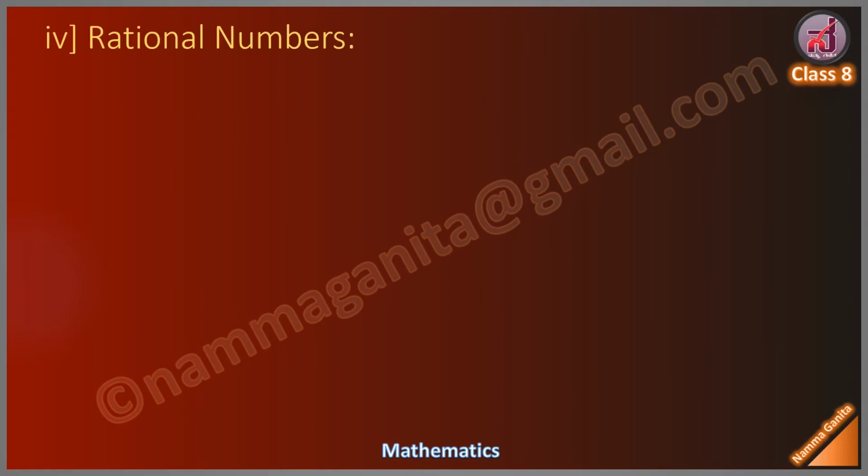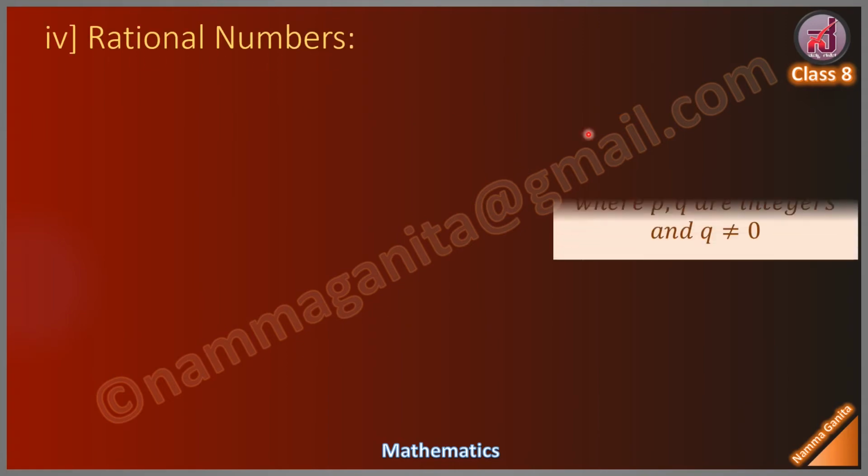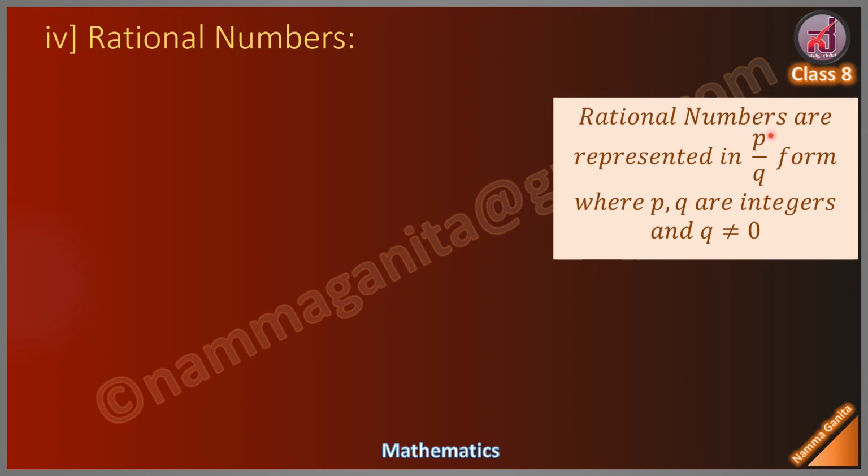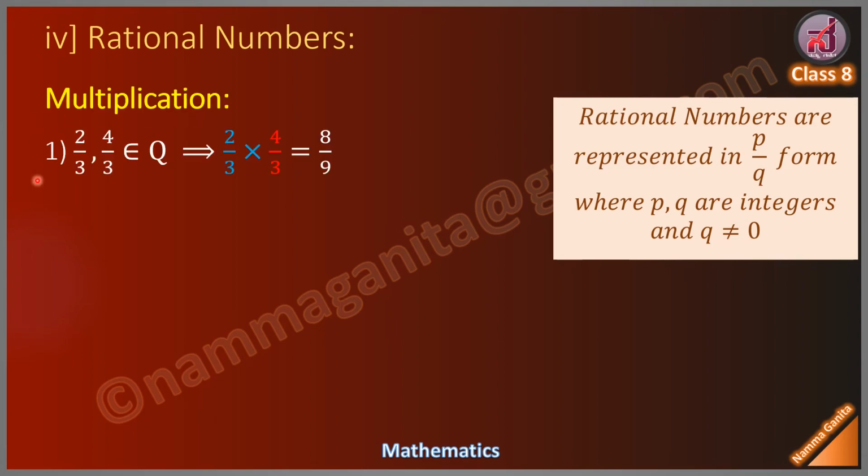Now, consider the set of rational numbers. Rational numbers are represented in p by q form where p, q are integers and q not equal to 0. Multiplication. Consider the first example.